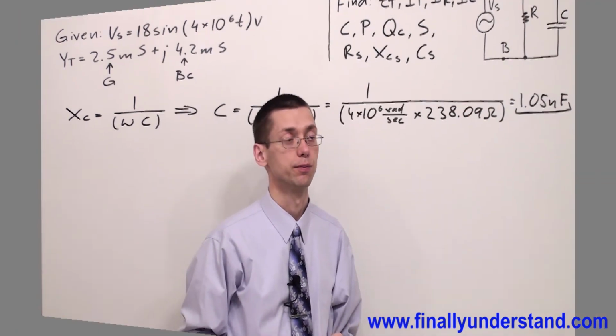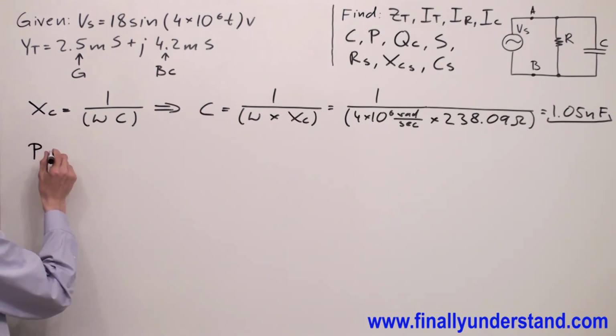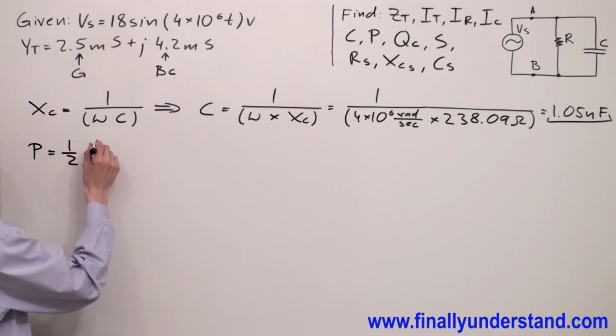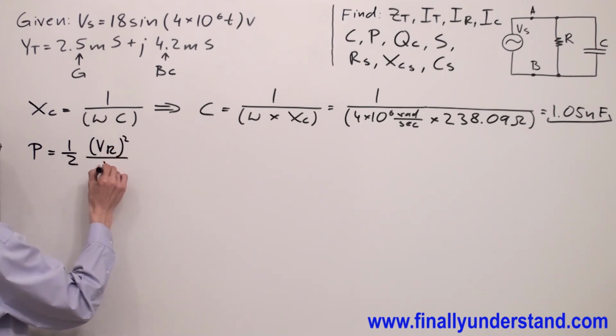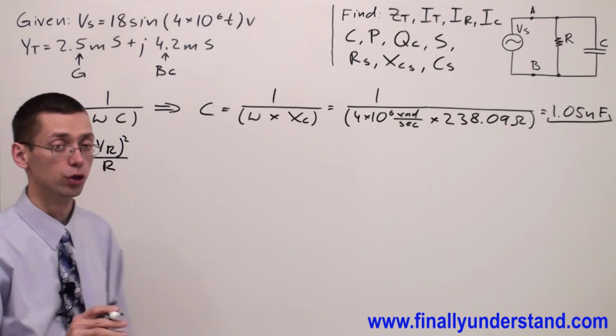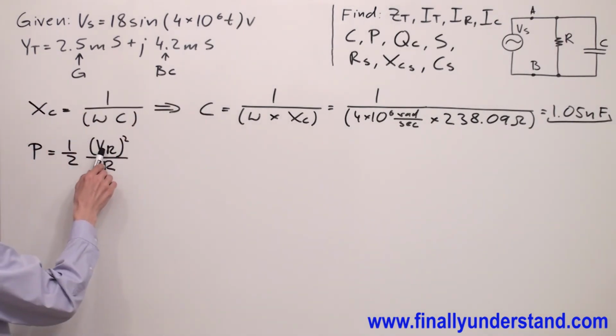Next, we're supposed to find the true power. P true is equal to 1/2 V_R to the second power over resistance. This is the formula for true power when we use voltage peak.